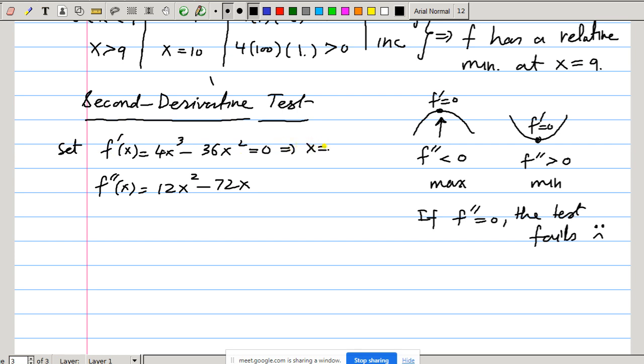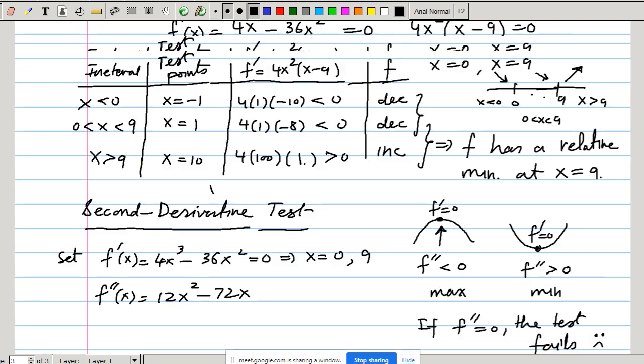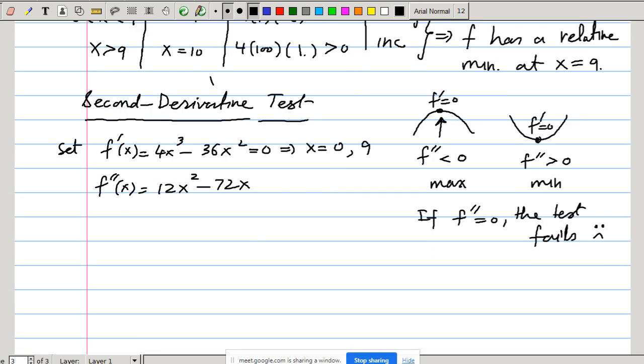So I know that I got these points 0 and 9. These are your critical points, still the same, which I solved above. But now I will replace these critical points in the second derivative, put in f double prime and see whether they are positive or not. If I put 0, I will get 0 minus 0, which is 0.